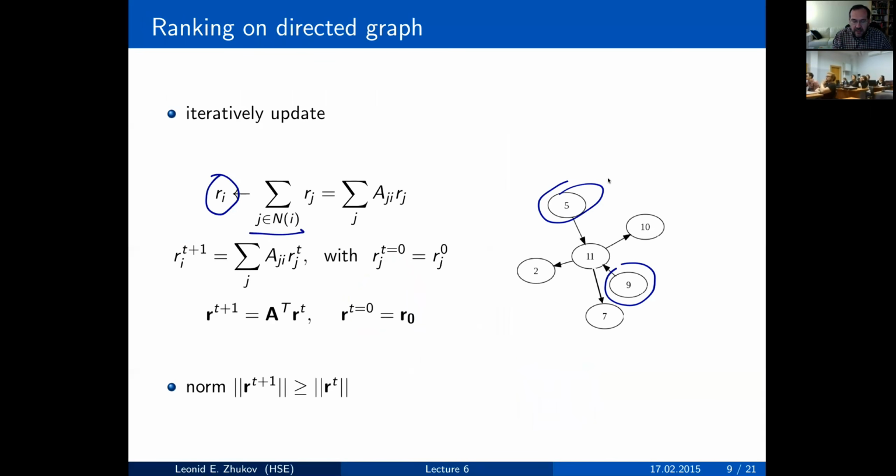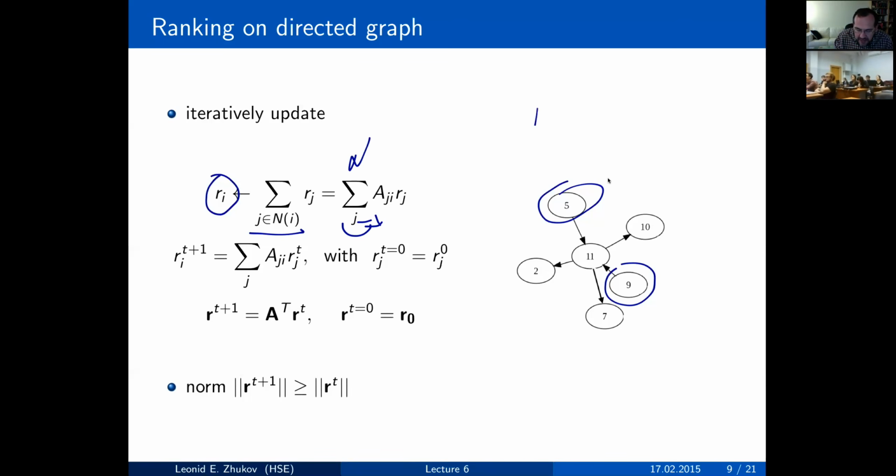Now, you can write a summation over nearest neighbors, or you can just replace it by a summation over all indices, so j goes from node 1 to node n, but use a matrix, and in this case it will be just a binary matrix of zeros and ones to describe the connectivity pattern.